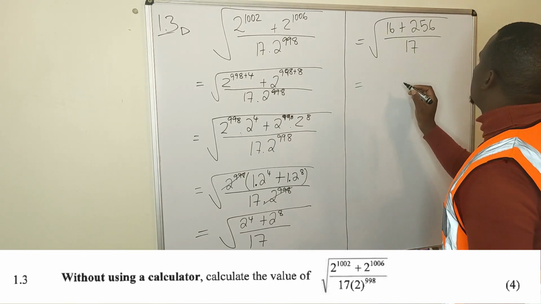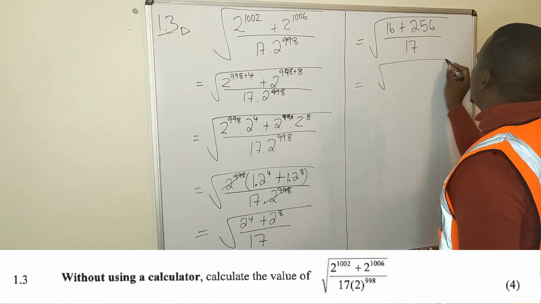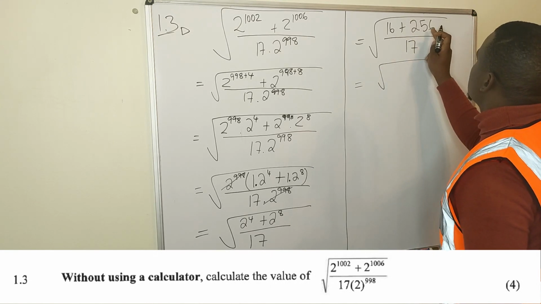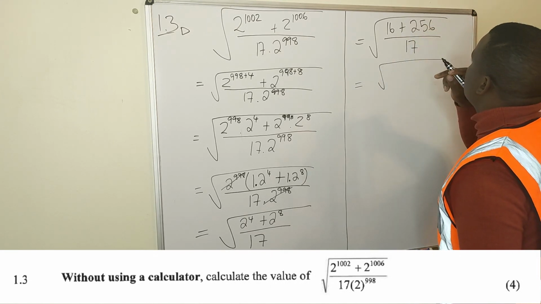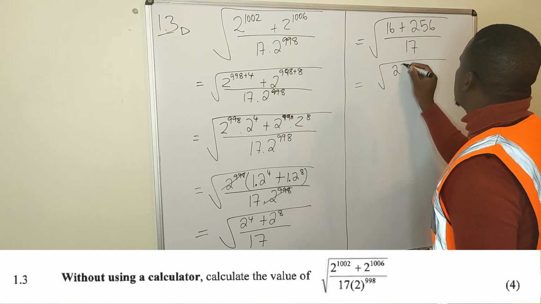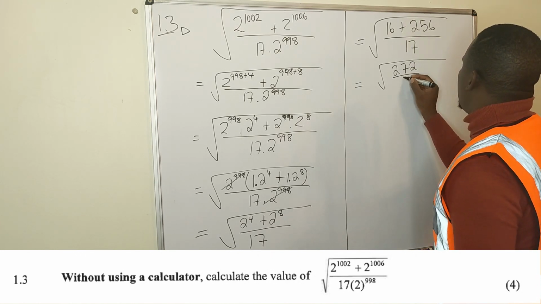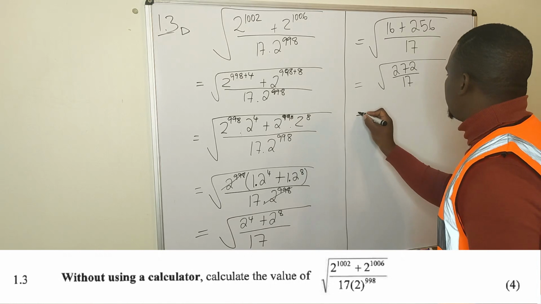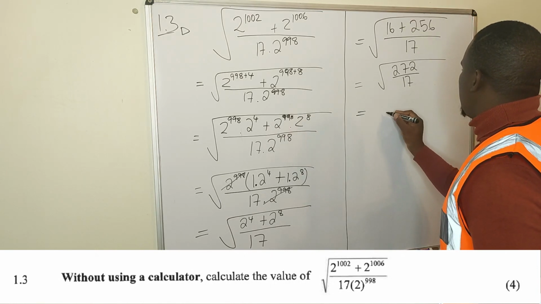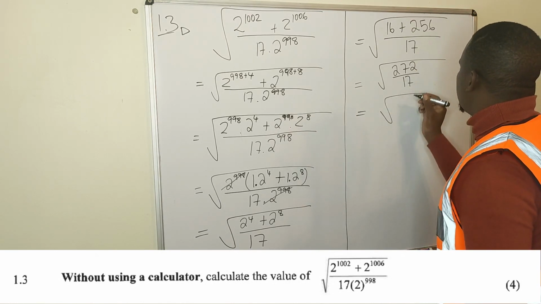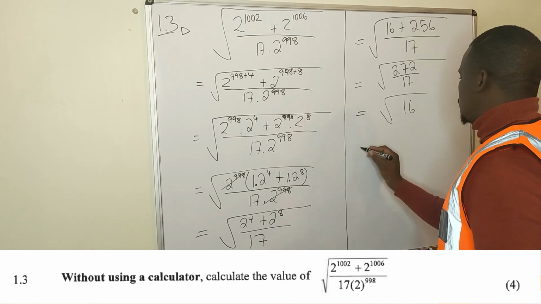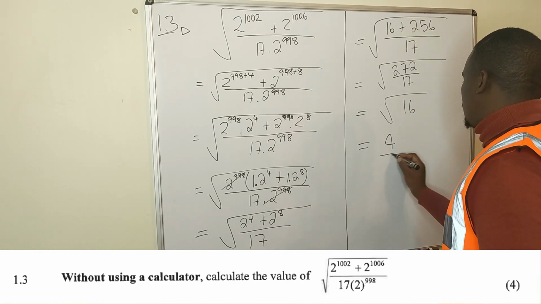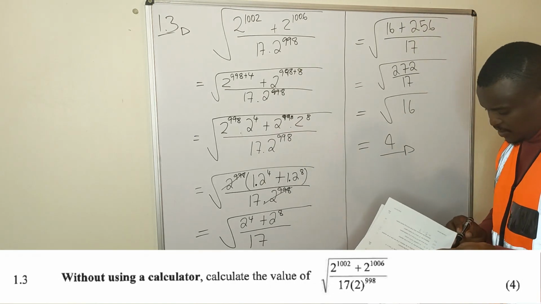On top of that, this is 272 over 17. What do we have? 272 over 17 is 16, and the square root of 16 is 4. And you're done with this thing.